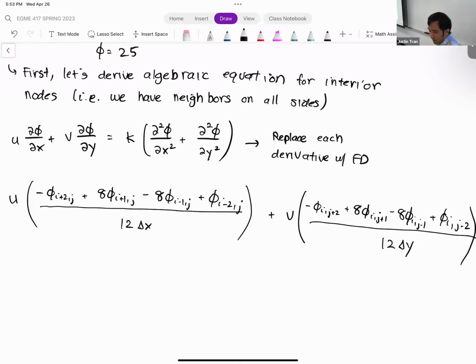So that's what it looks like with the higher order scheme. You can see there's a lot here. There's a lot we're going to have to simplify, but we'll do that in the next step.